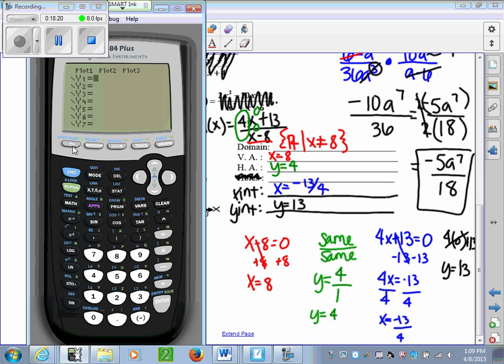So we'll just put this in parentheses. So we have 4x plus 13 divided by x minus 8. Oh, forgot my parentheses.